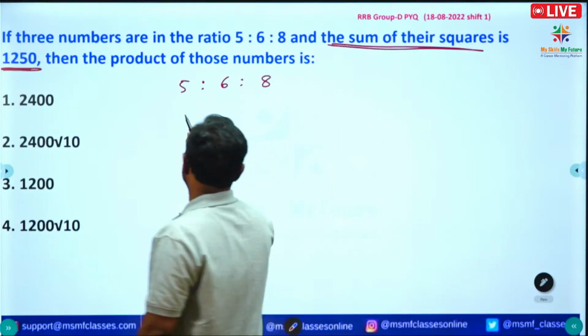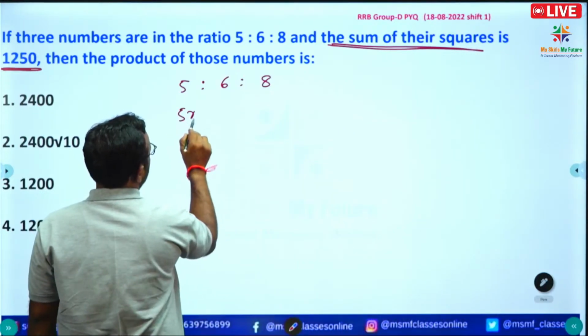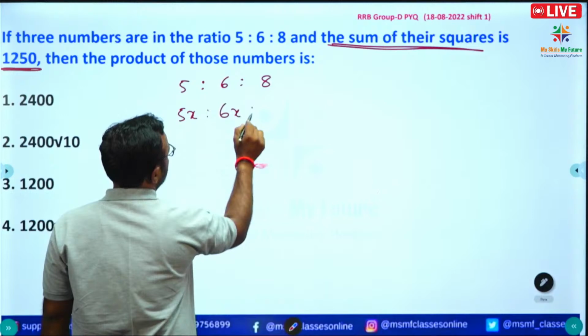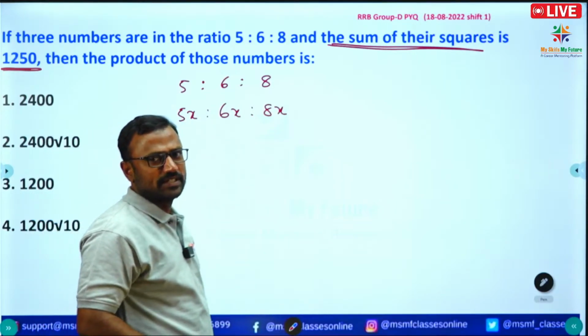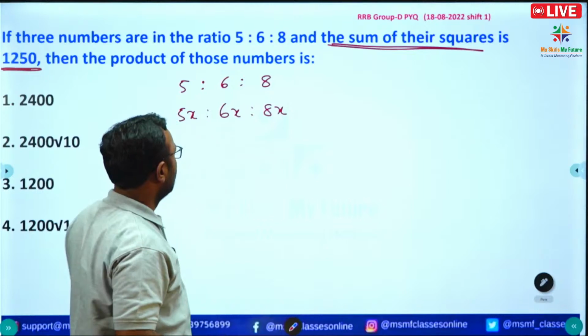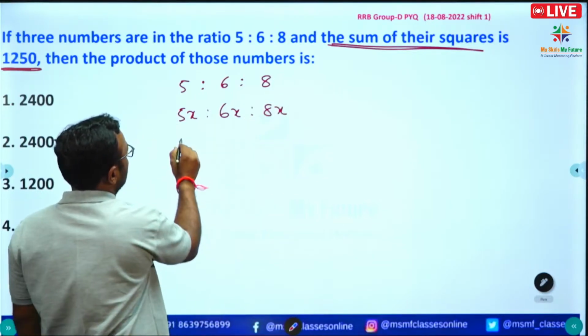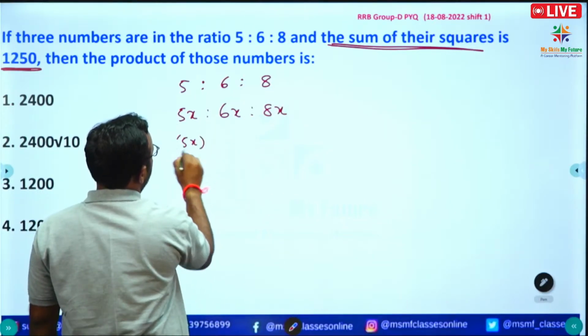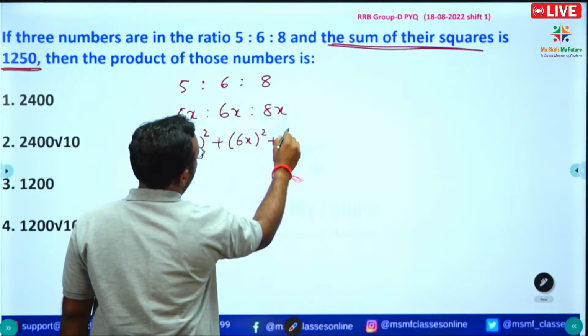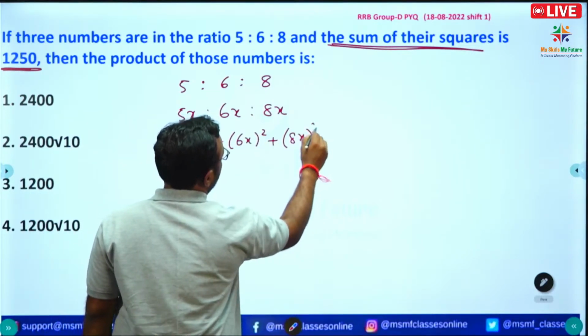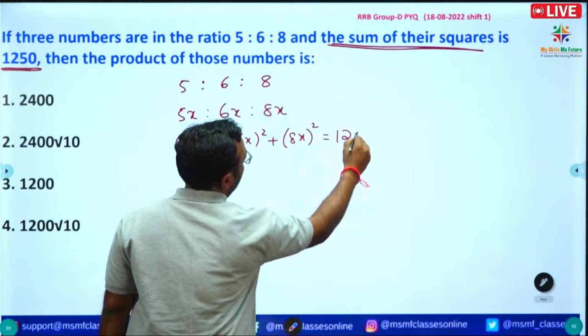Okay, so I am writing like this: 5x is to 6x is to 8x. They are in the ratio 5x is to 6x is to 8x. So the sum of their squares means 5x square plus 6x square plus 8x square. They have given 1250.